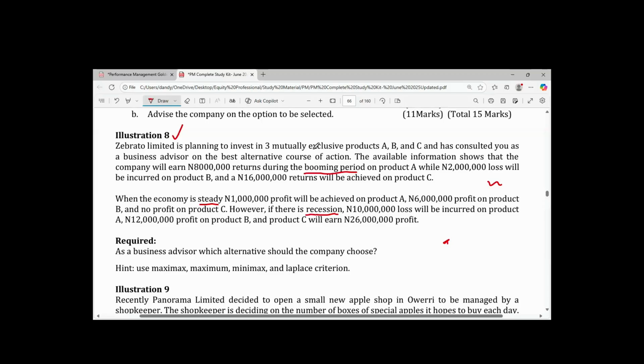I'll stop sharing this material. Just open your material at your end to page 65 of the performance management study material. So let's solve. Now, to solve this question, the most important thing you need to do is to first of all construct a payoff matrix table.